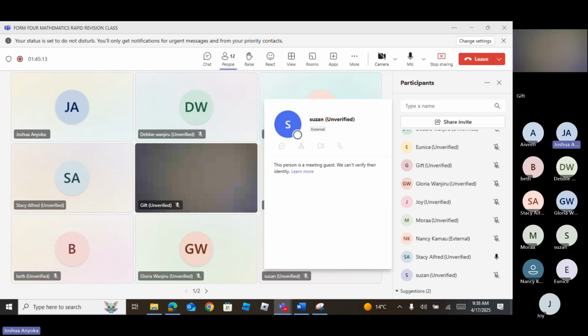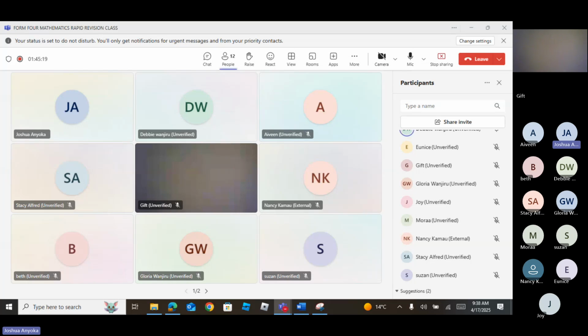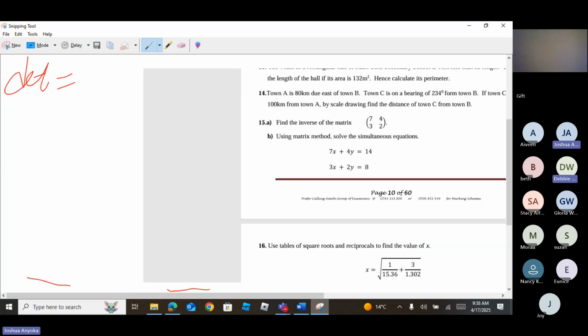Determinant is equal to what? From this matrix, the determinant is equal to 7 times 2 minus 4 times 3.